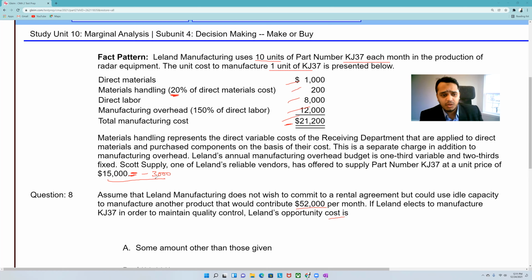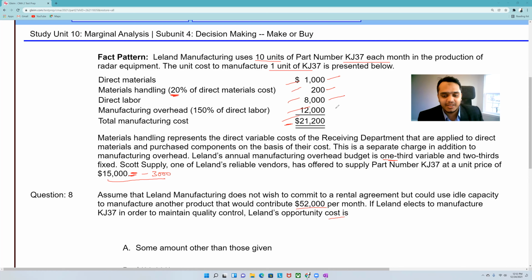Now, what is the total variable cost if we are doing it by ourselves? So if we are doing it ourselves, then 1,000 is variable, 2,000 is variable, directly 8,000 is variable. Manufacturing overhead, 12,000. Shall we take 12,000? See, annual manufacturing overhead budget is 1/3 variable and 2/3 fixed.